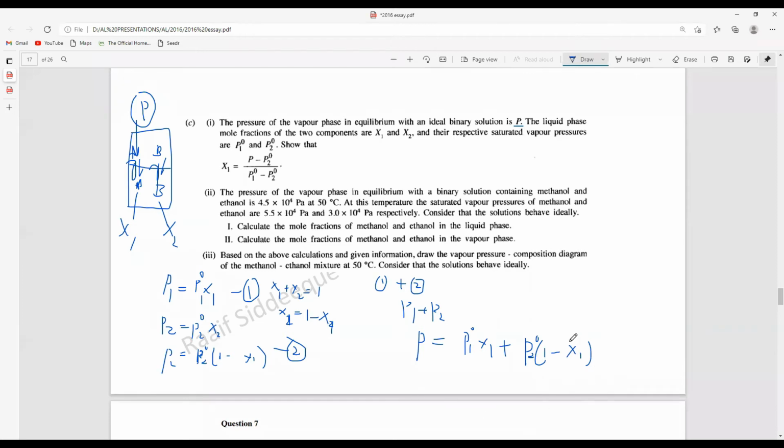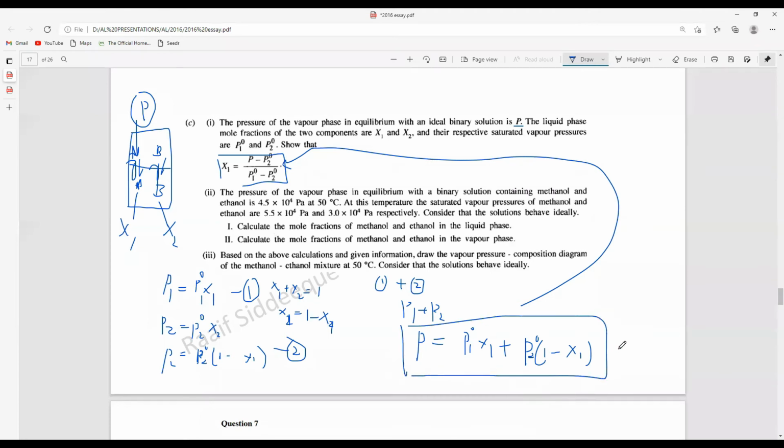So now you can rearrange this and you will get this equation, because the only things that you have here are P01 and P02, which are given. So you can find X1 by rearranging this particular equation. That is very straightforward and simple. Okay.